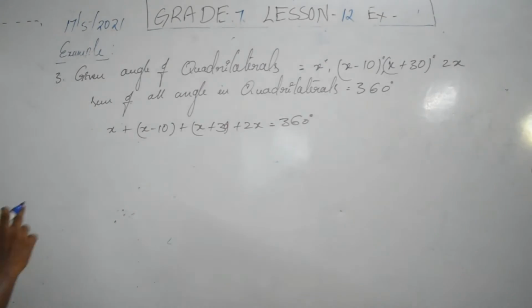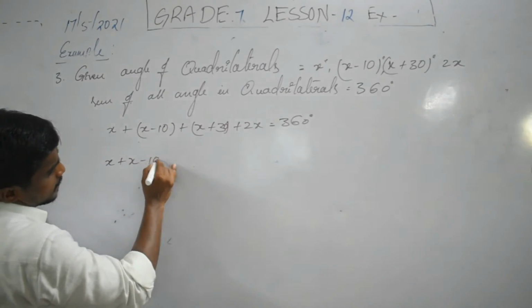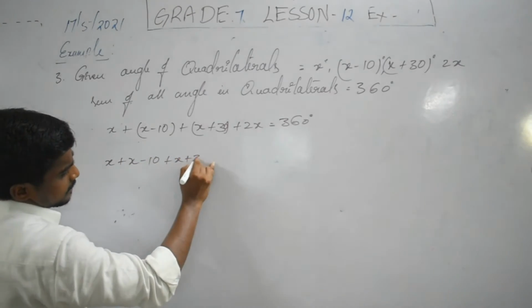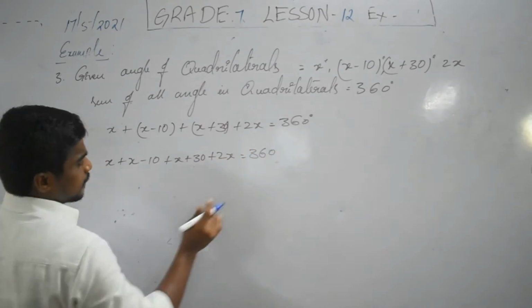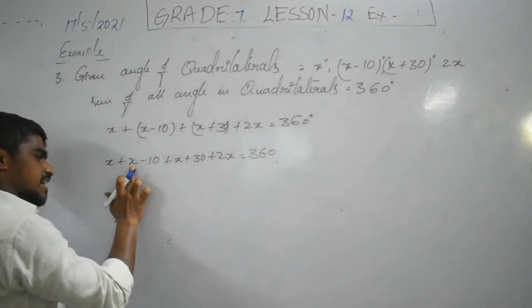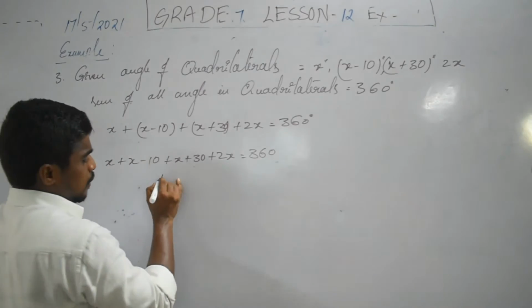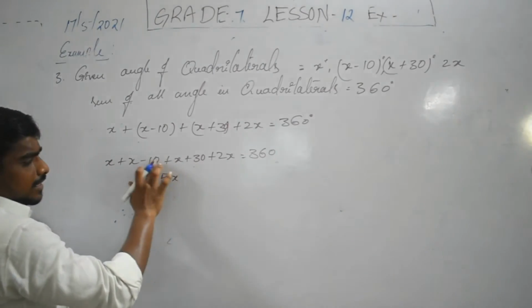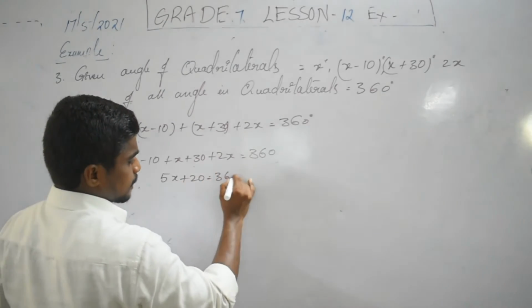Here, 2x plus x is 3x, 3x plus x is 4x, 4x plus x is 5x, and 30 minus 10 is 20, equal to 360.